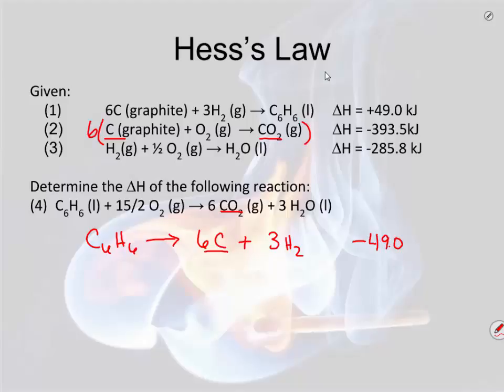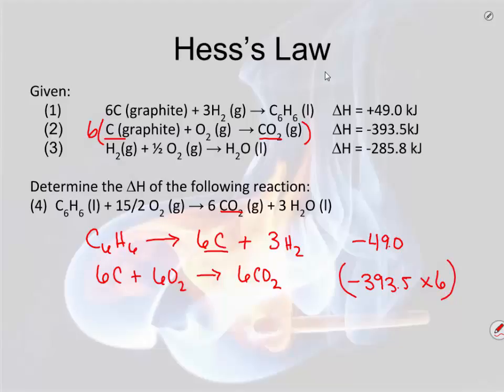So I'm just going to multiply it by 6. So 6C plus 6O2 gives me 6CO2. So because I multiplied that reaction by 6, I now have to also multiply my delta H by 6. So negative 393.5, I need to times by 6 as well.